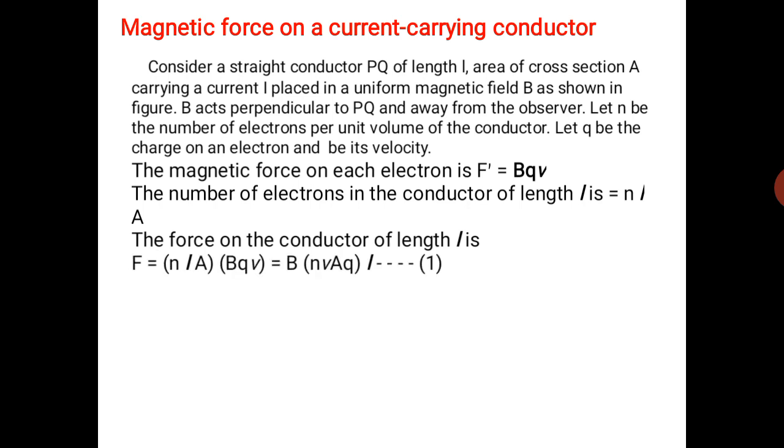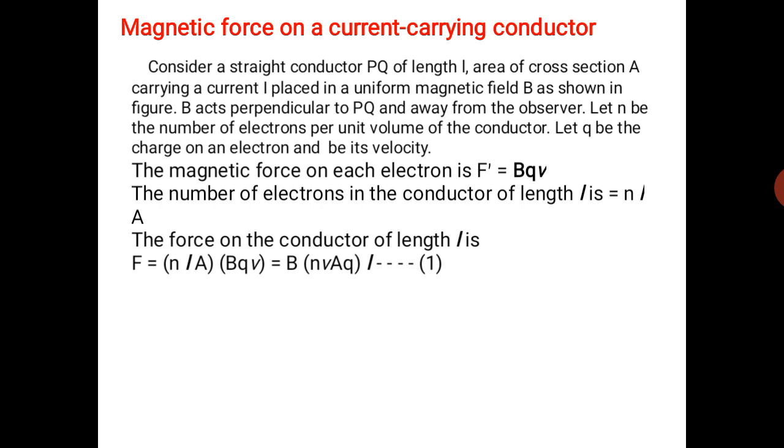Next, the force on the conductor of length L is NLA times QvB, because for a single electron it is QvB, if there are 2 electrons, 2 times QvB.